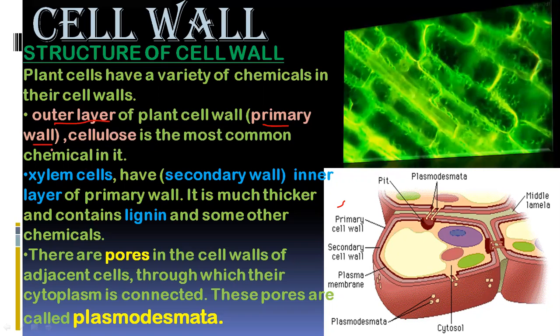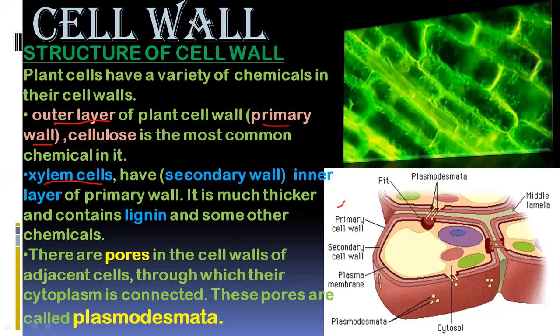Okay, so in some plants, the cell wall only has a primary cell wall, but some cells of the plant, like xylem cells, we will see its structure also at the end of this chapter, but xylem cells conduct water in the plant, so they have to be more tough.